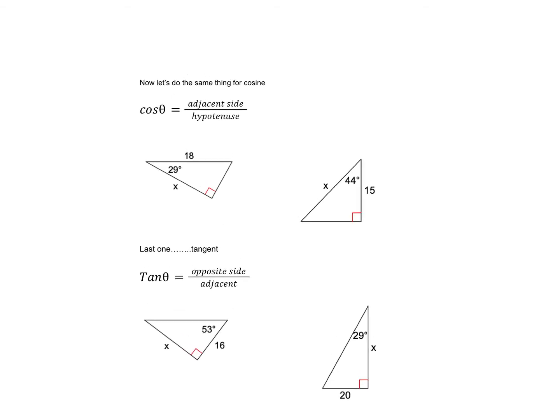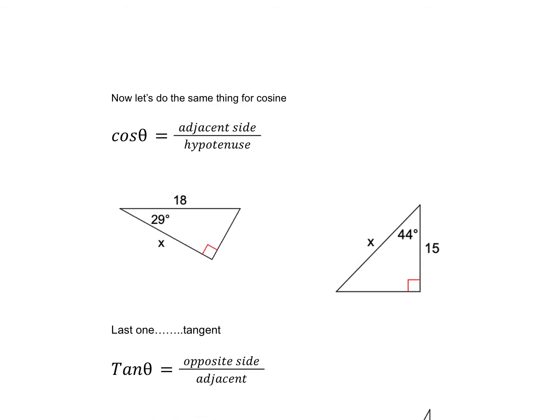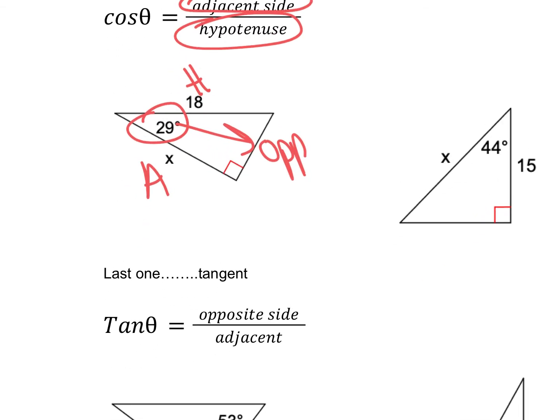Okay, so here is looking at cosine. Cosine, remember, from that previous slide, is adjacent over hypotenuse. So here's our angle. The x is the adjacent side. 18 is hypotenuse. Technically, this is the opposite side, but we don't need that. So we are going to say, since we know information about the adjacent and the hypotenuse, that tells me I need to use cosine.